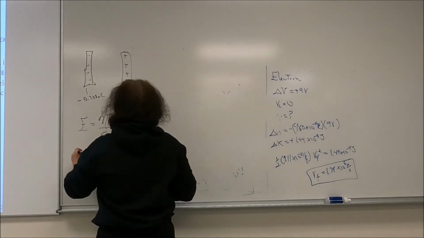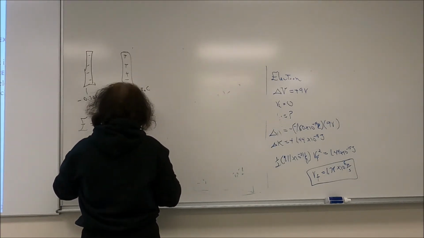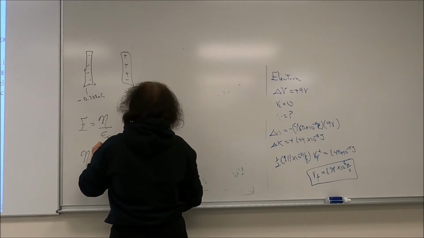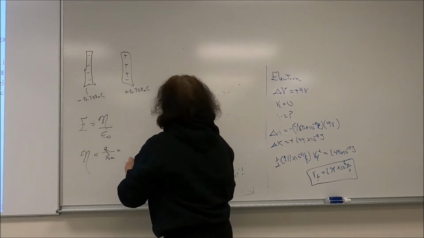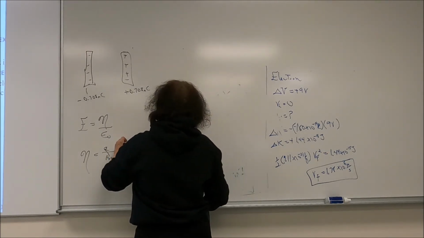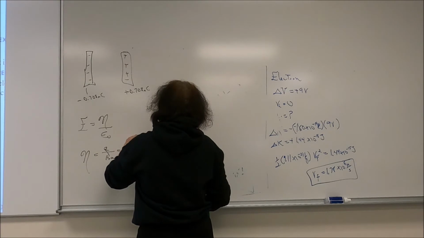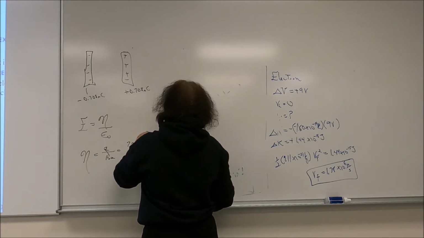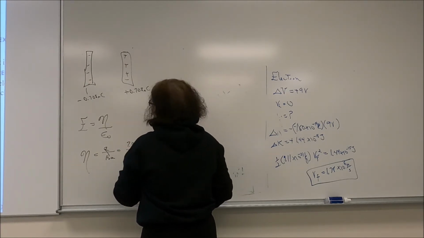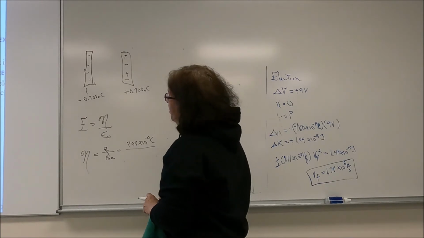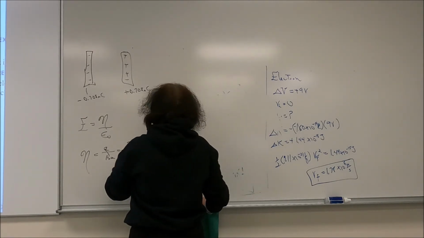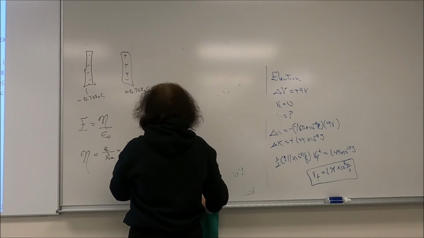Okay? So eta is equal to the charge, Q, divided by the area. So the charge here is 7.08 times 10 to the minus 10 coulombs. And the area is 2 centimeters by 2 centimeters, so that's 2.00 times 10 to the minus 2 meters squared.